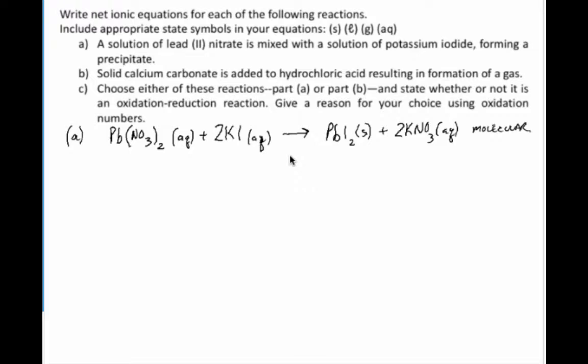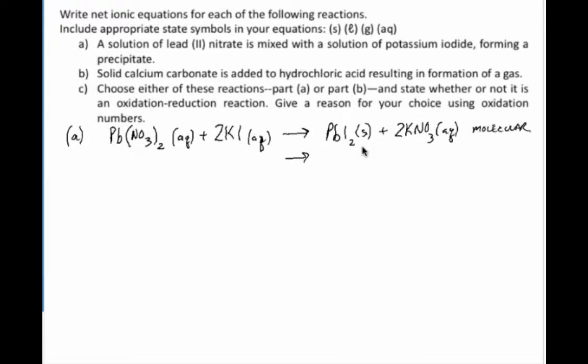What you want is the net ionic equation for this reaction. So what's going to happen is that the lead and the nitrates are going to dissociate, and the potassium and the iodide dissociate, so you're going to have all ions on the left-hand side, and potassium ions and nitrate ions on the right-hand side. The PbI2 stays together.